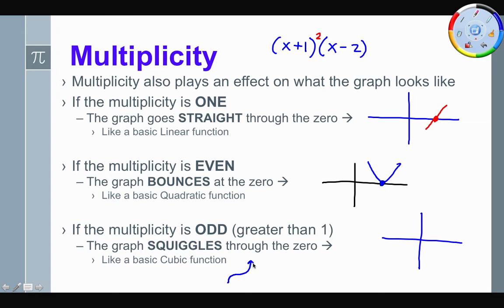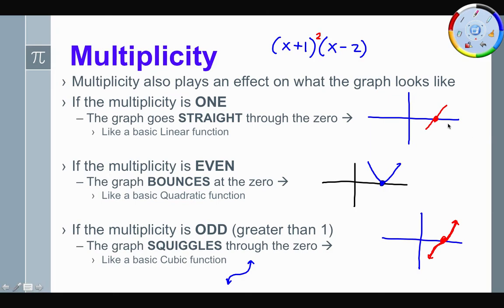The parent function for a cubic looks kind of like that. So if we were to think about a zero that had an odd multiplicity, when we come up through here, we're going to do our best to try to do a little squiggle. And again, it could go to either direction. It could go from top to bottom or from bottom to top, depending on all of the other pieces.